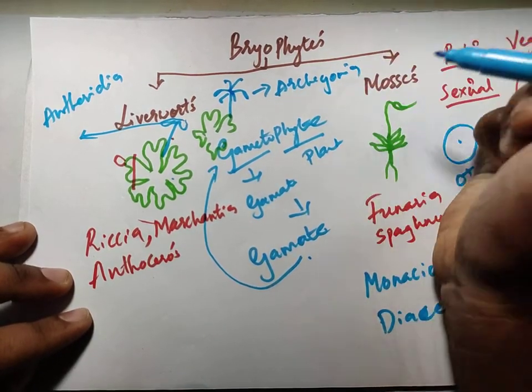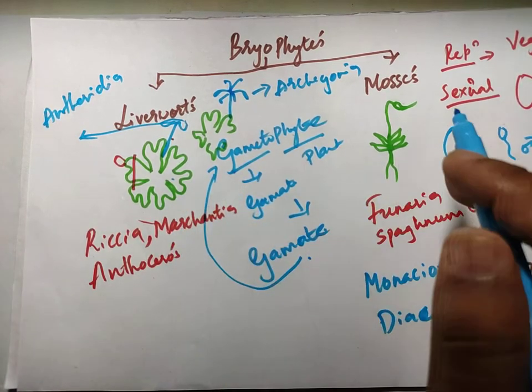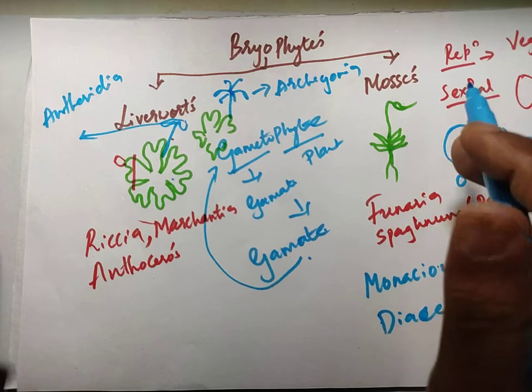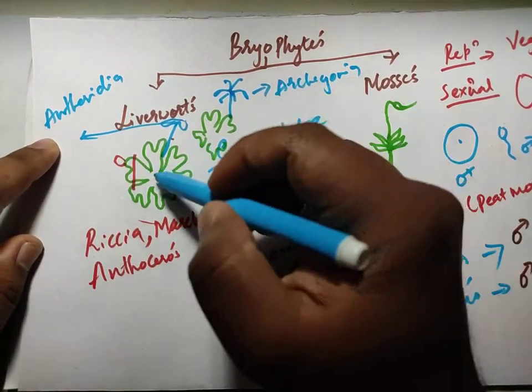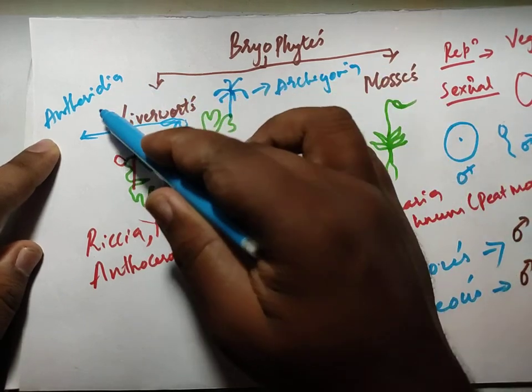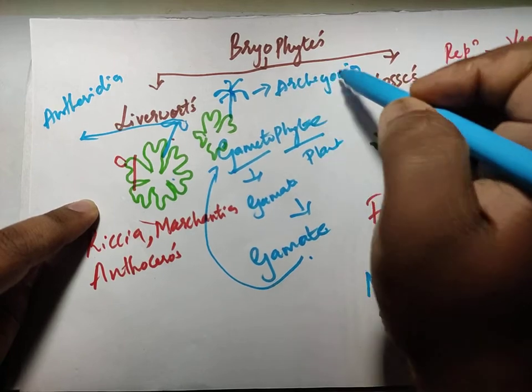See, archegonia. Okay, in case of Marchantia, what will happen? There are separate thallus which produce male and female gametes. So the male plant is going to produce a long structure, that is called as antheridia, and the female thallus is going to produce something called as archegonia.